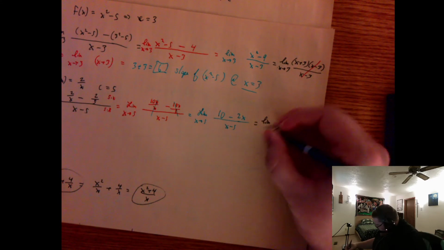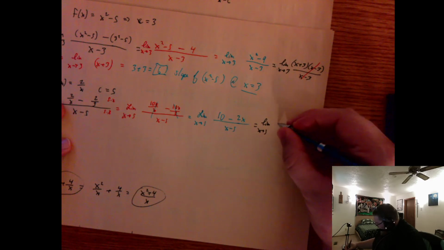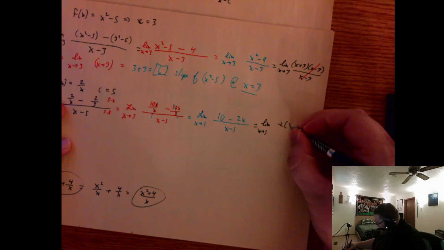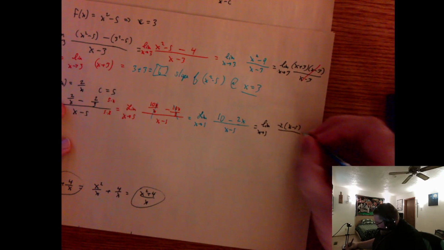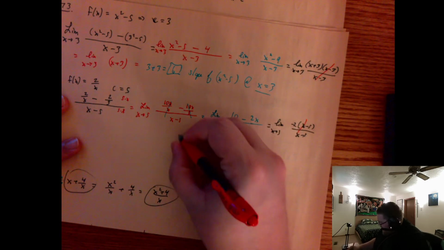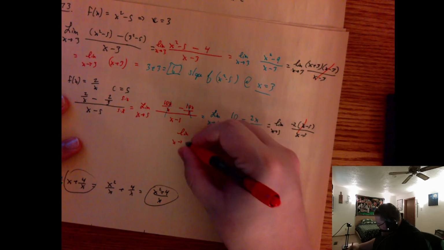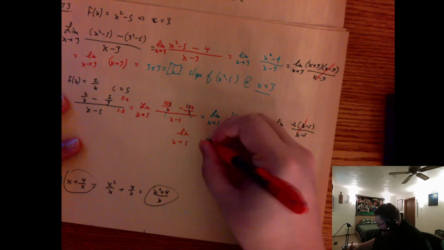Limit as x approaches 5. I would take a negative 2 out, making this become x minus 5 through some fancy algebra. Because this actually lets me get to my answer a little faster. Canceling those, I get the limit as x approaches 5 of negative 2.